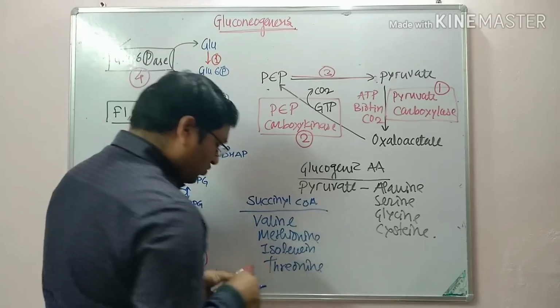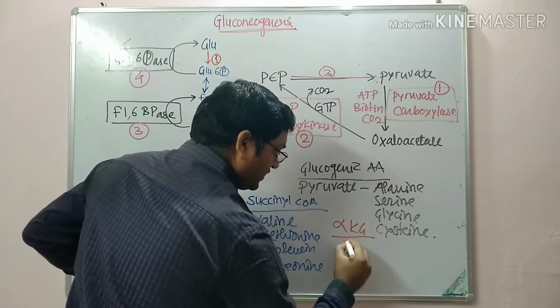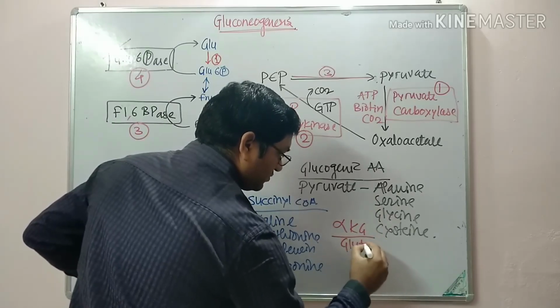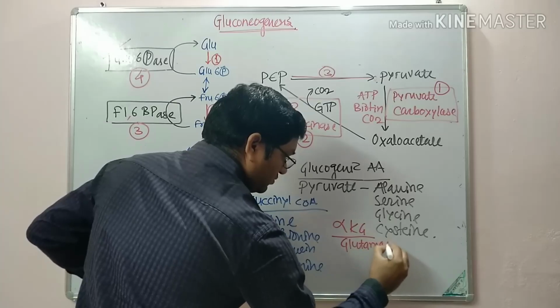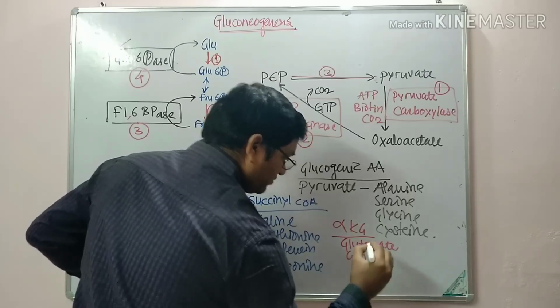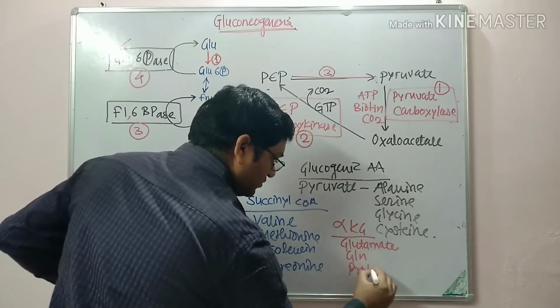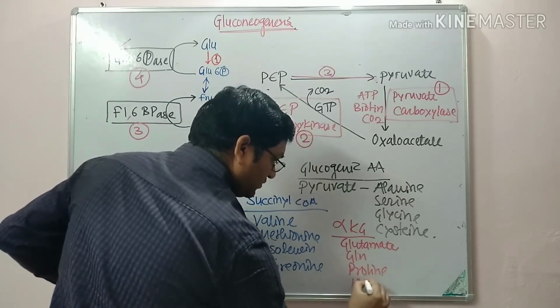Then alpha ketoglutarate is given by glutamate, glutamine, proline, histidine.